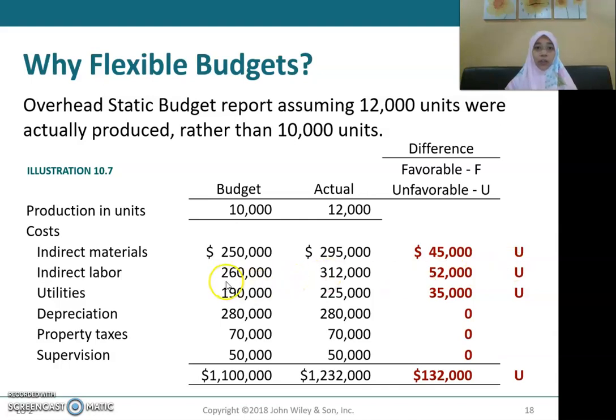The same goes for indirect labor: you budgeted 260,000 and incurred 312,000, so you incurred 52,000 more, an unfavorable variance. The same goes for utilities, at 35,000. The total of these gives you the 132,000 unfavorable variance.